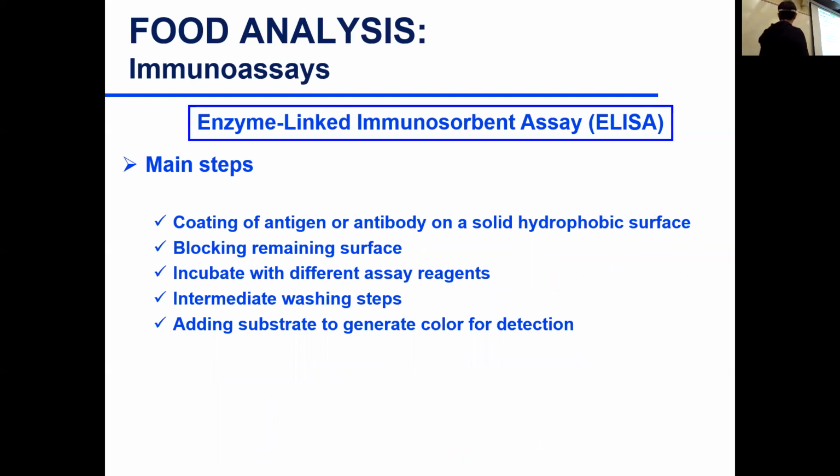So, main steps. I'm going to draw what happens as you build your ELISA. So you have your surface, which is your microplate that you are putting your sample in. So that's a hydrophobic surface.